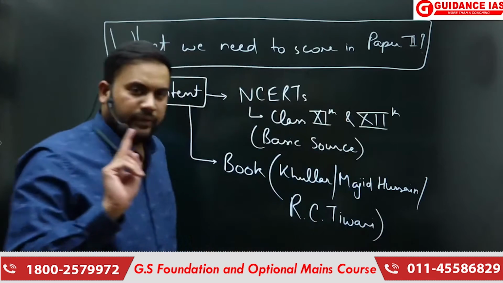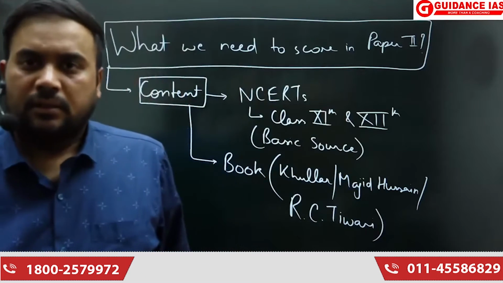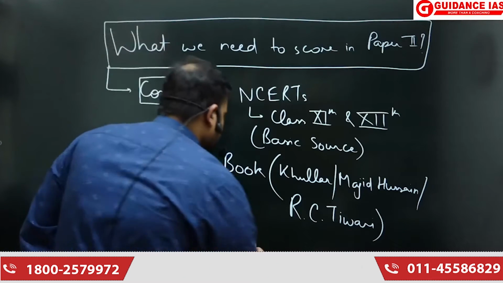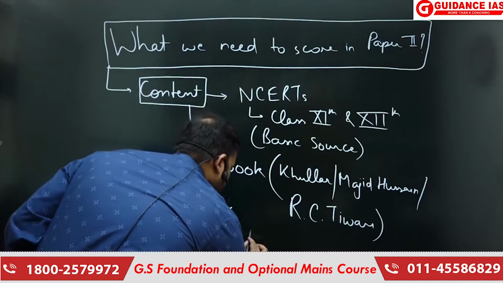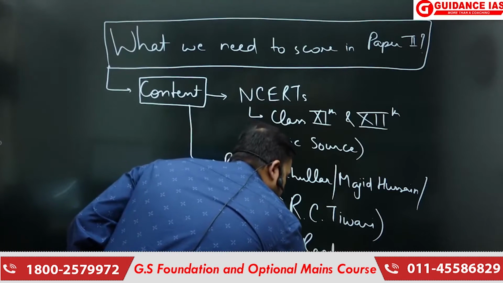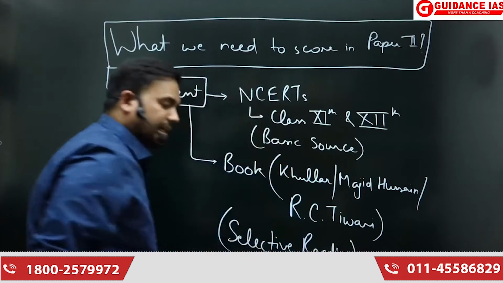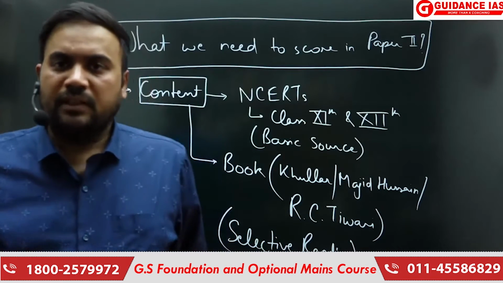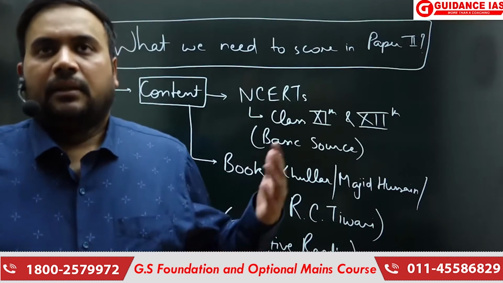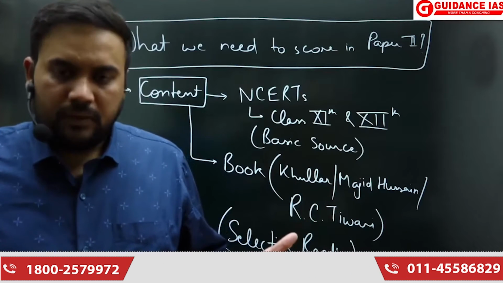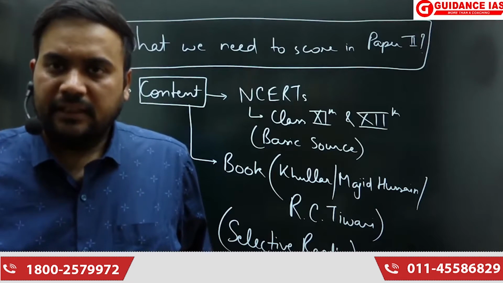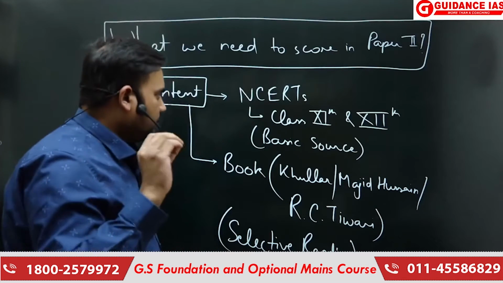Now, a very important thing about the books is that these are to be selectively read. Many of you ask me, do we have to read the whole thing? And I always say no. They have to be read according to your syllabus. Okay. And suppose, let me give a small example.